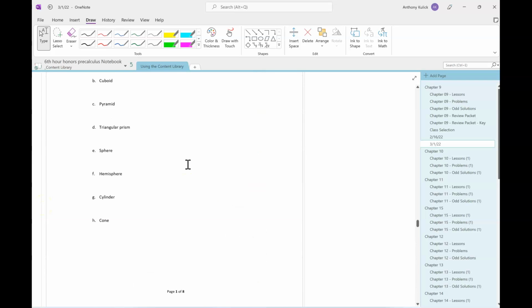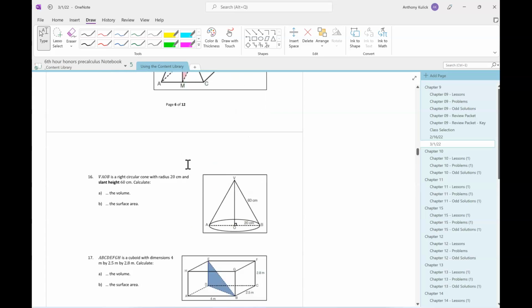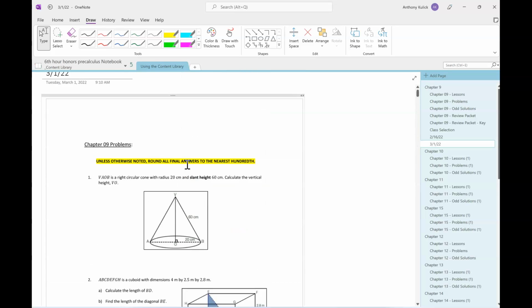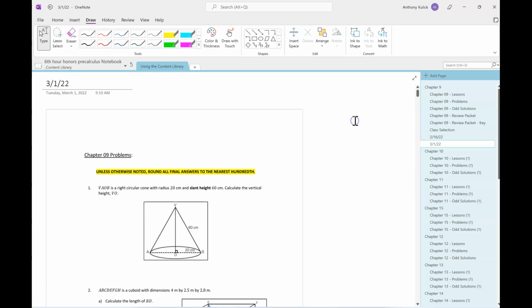Okay. So test format. The test here is 7 questions, but they all have multiple parts, so it's really like 15 or 20 questions or whatever. Basically, you have 2 questions that are kind of section 2 questions where I'm going to ask you to find the side lengths inside of figures.